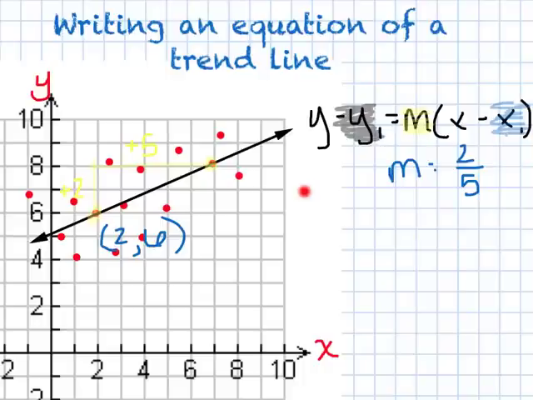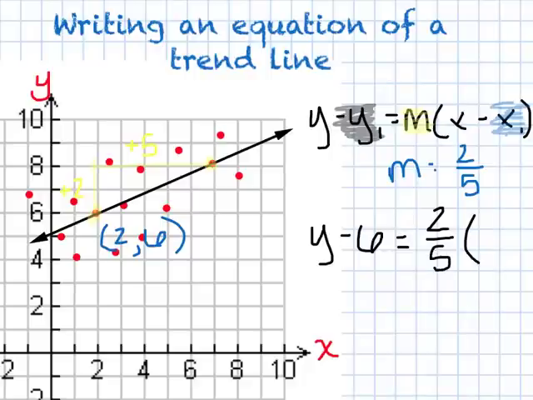We'll write that all in. y minus my y1 value, which is 6 because that's in my y spot, equals m, our slope, which we found to be 2 over 5, times x minus x1. Our x value was 2, so it'll be x minus 2. That is a perfect equation.